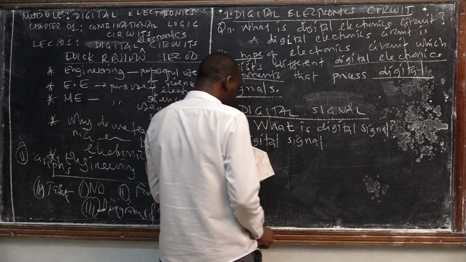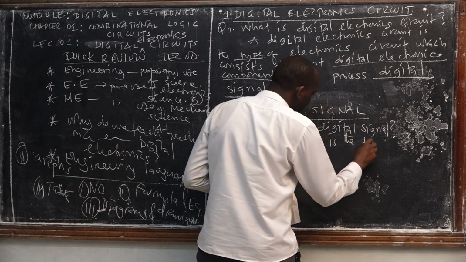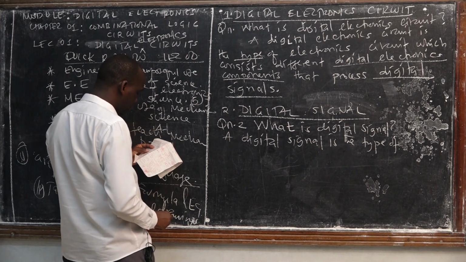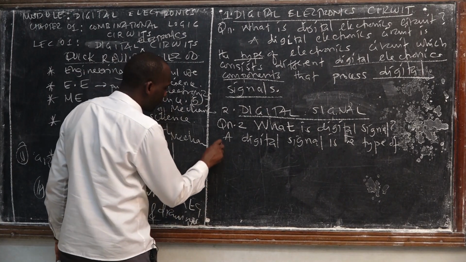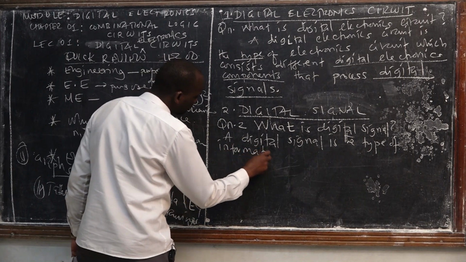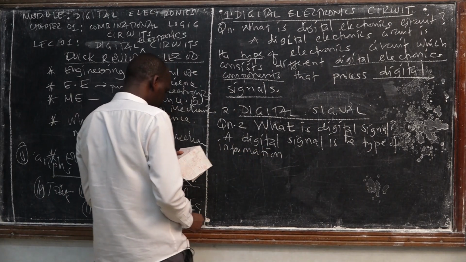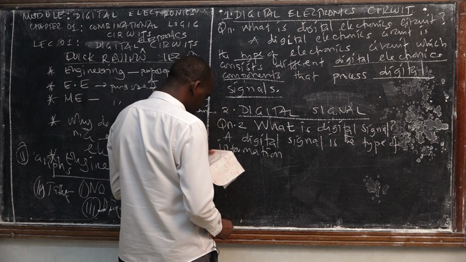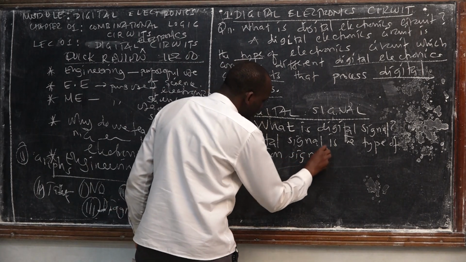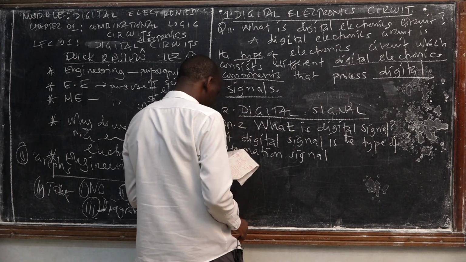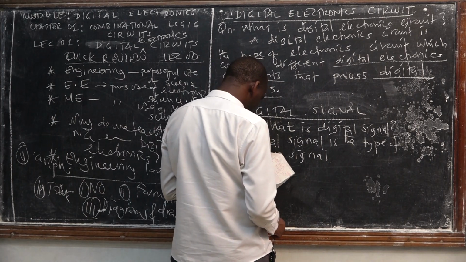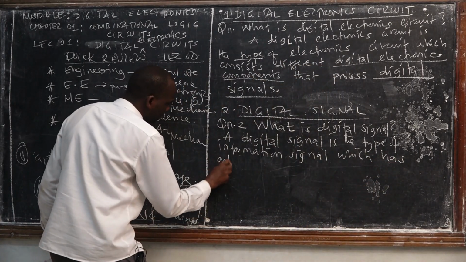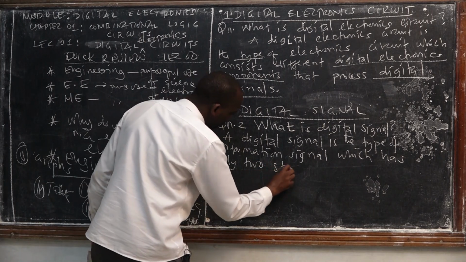So digital signal is a type of information signal, which has only two states.